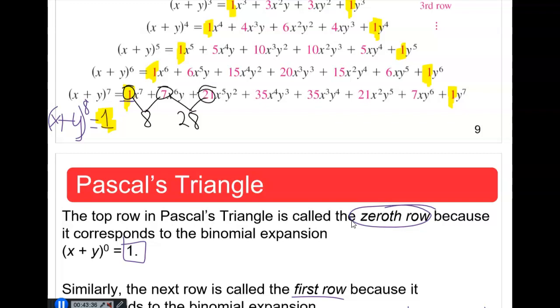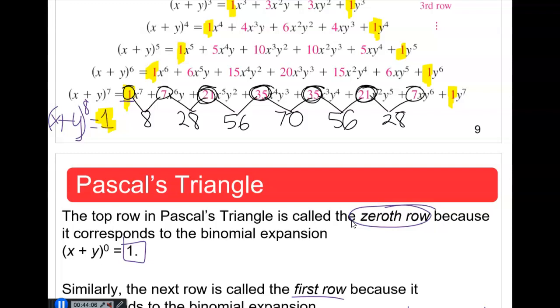Then we will add 21 plus 35, and that will give me 56. Then we will add 35 plus 35, and that will give me 70. Then 35 plus 21, which is equal to 56. Then we will add 21 plus 7, which is equal to 28. And we'll add 7 plus 1, which is 8.